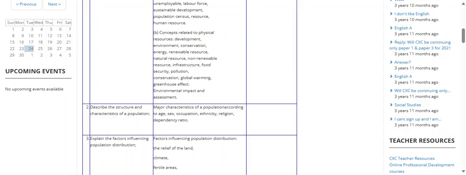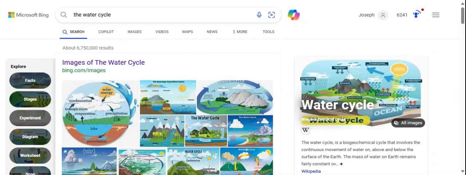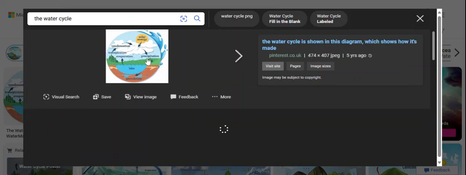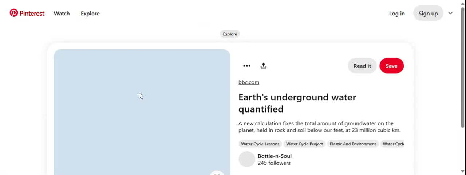I'll show you guys the water cycle. So this is a picture of the water cycle. No, this one is better. So let me show you a picture of the water cycle.